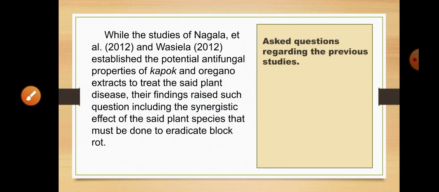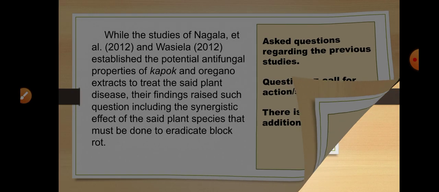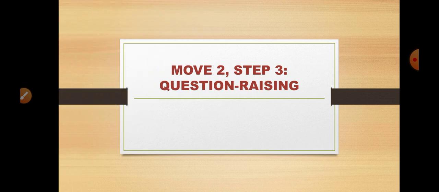And these questions are actually in a form of call for action or suggestions. But suggestions about what? Suggestions that there is a need for additional research. And this is the main concern of step 3 of move 2, which is known as question raising.